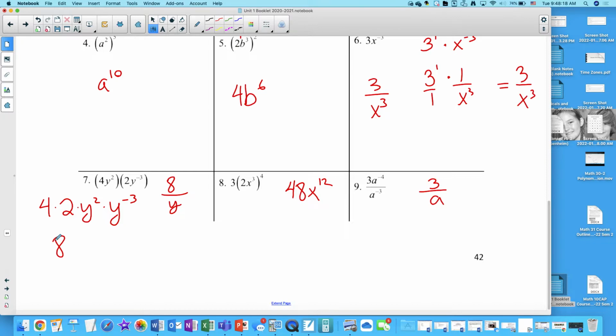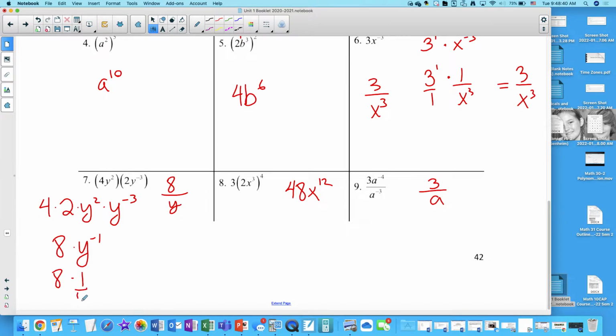Okay? Now this actually looks, at this point, very similar to number 6. So this is the only exponent that's negative. The 8 is 8 to the 1. That's positive. So this is going to become 8 times 1 over y to the 1. You don't have to put that 1 in there if the exponent is 1. And remember, this is 8 over 1.